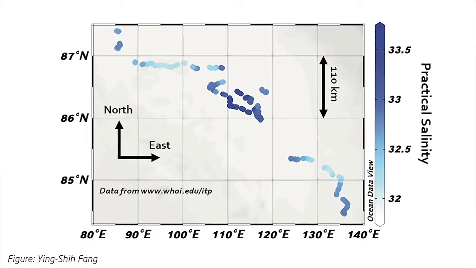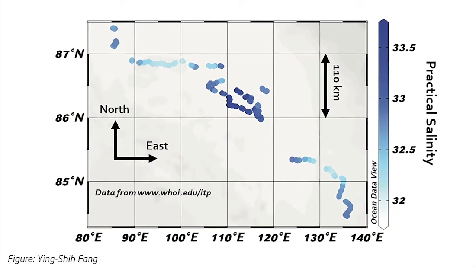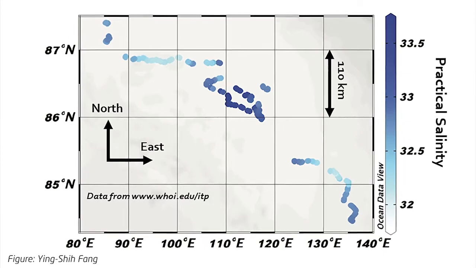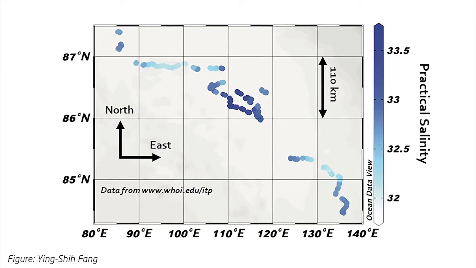Some of these processes you can already see in data that we obtained before MOSAiC started. Here's a picture near the starting region of where MOSAiC started, taken a few years earlier by an autonomous drifting buoy. This buoy was mounted in the ice and measured a few hundred meters below in the ocean. This is salinity near the surface, and it shows you that there is a large-scale gradient.